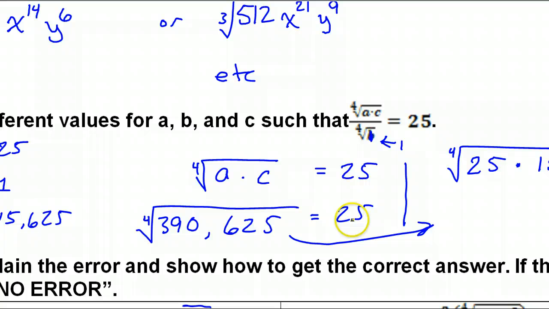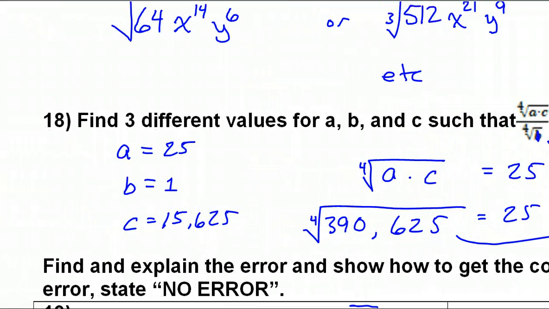And then having B be 1, the fourth root of 1 is 1, so we'd have 25 over 1, which is 25. So this would work.